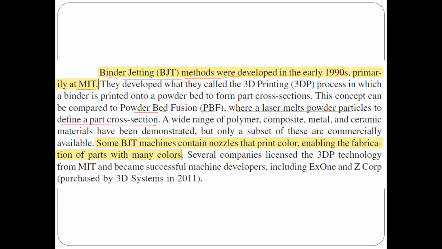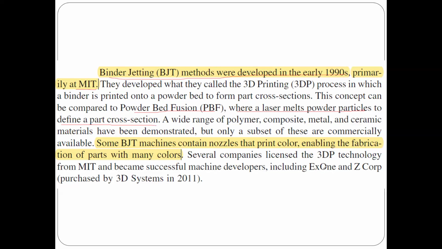A wide range of polymer, composite, metal, and ceramic materials have been demonstrated, but only a subset of these are commercially available. Some binder jet machines contain nozzles that print color, enabling the fabrication of parts with many colors. So this is also an important trait of the process.